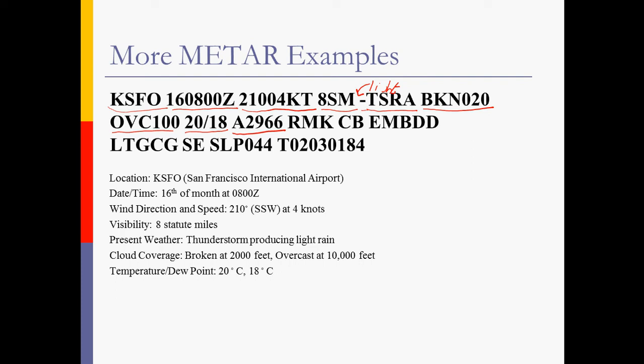So 2966 means that the sea level pressure is 29.66 inches of mercury.